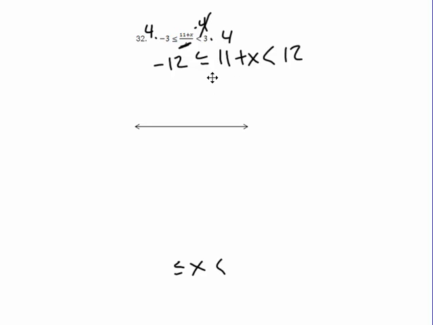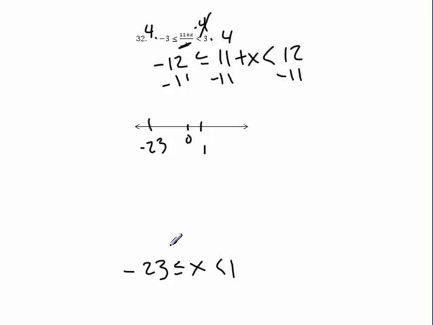So here I want to subtract 11 from all sides. So -11, -11, -11. -12 minus 11, well, that's -23. 12 minus 11 is 1. And this I can plot on my number line. Let's get 0 in there. Here's my 1. Somewhere over here is -23.